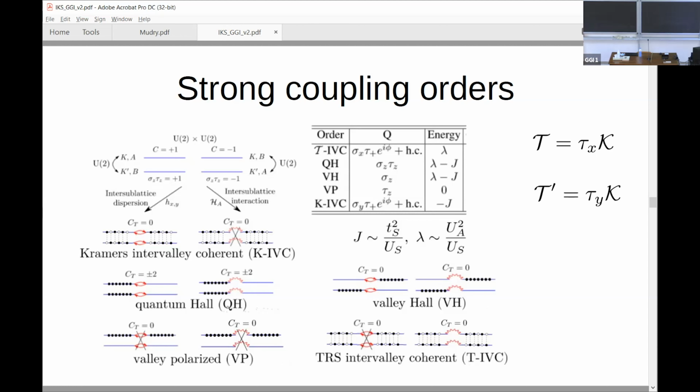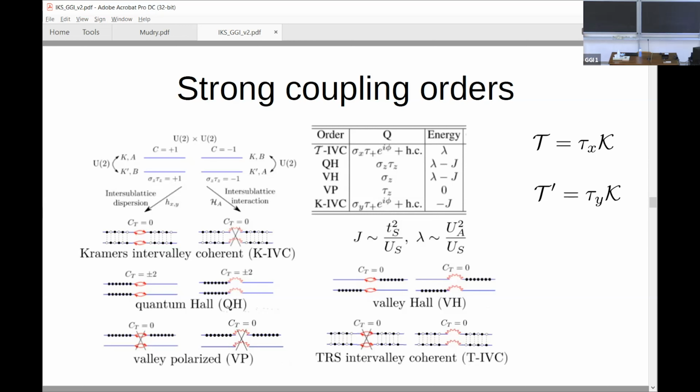So the J term is coming from this inter-sublattice dispersion piece. And the way it works is this inter-sublattice dispersion allows tunneling between these two Chern sectors, denoted by these red arrows here.